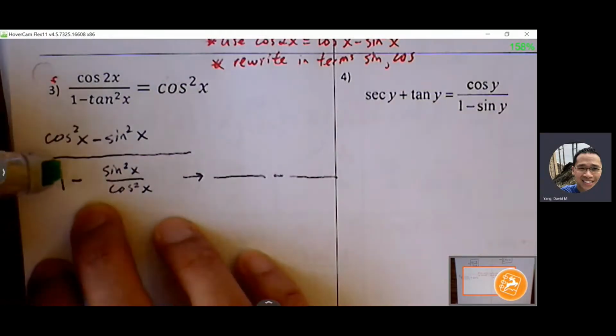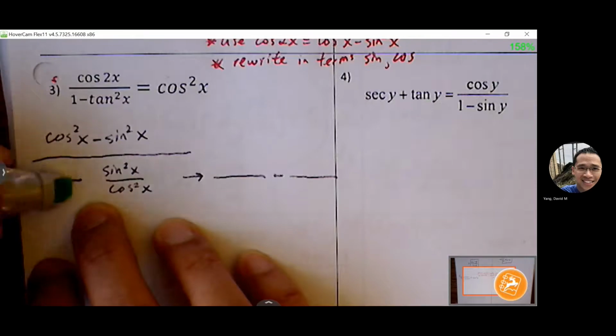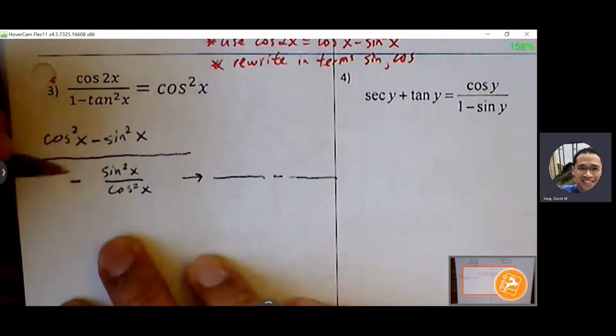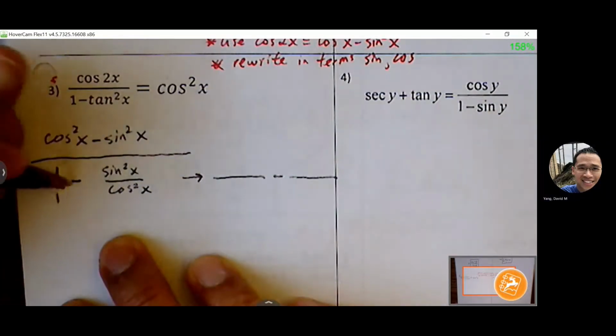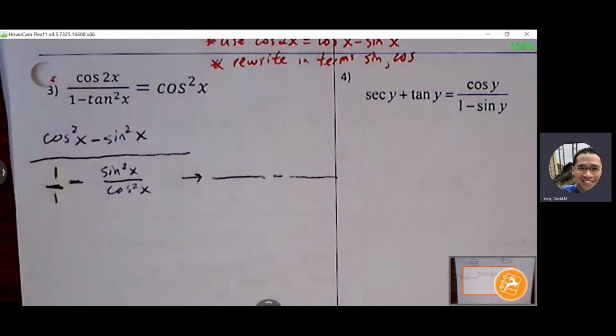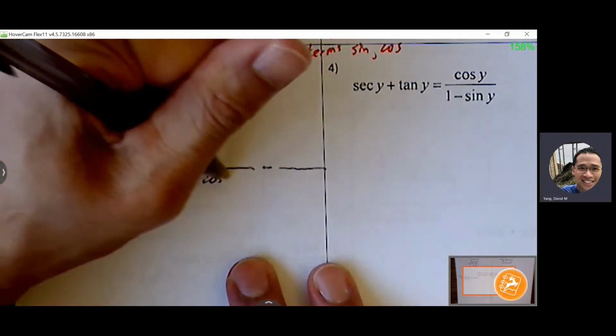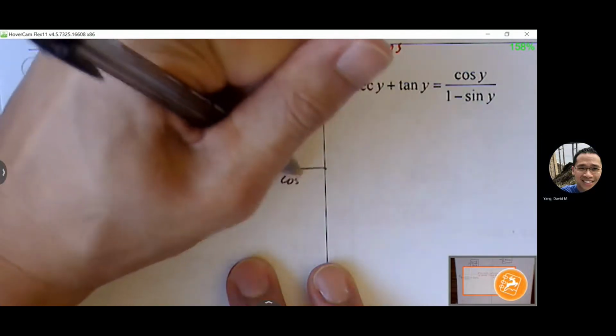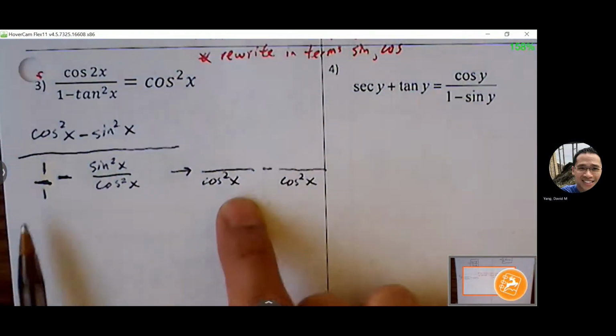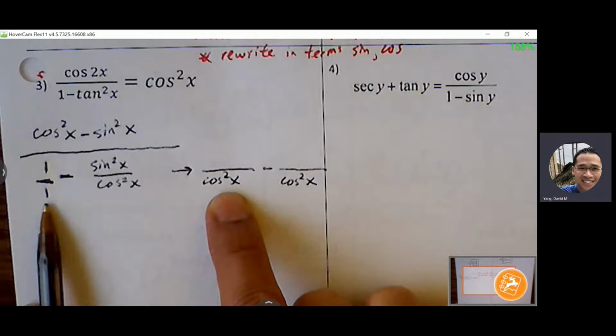Okay. What's the common denominator for the bottom portion? It's cosine squared, right? Balance each fraction.